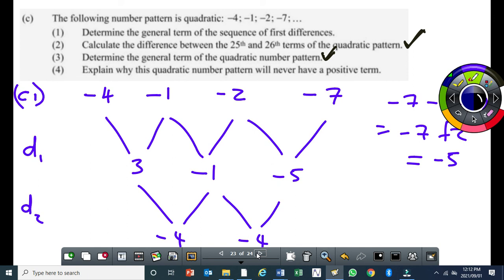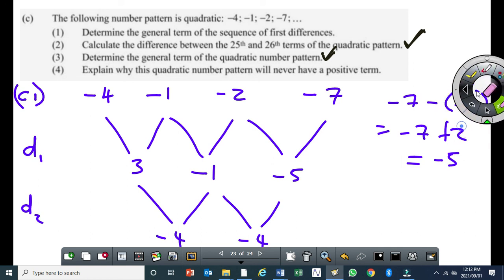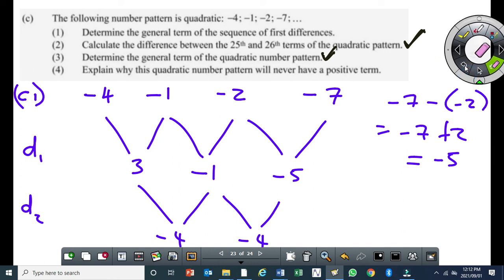Question 4: explain why this quadratic number pattern will never have a positive term. Now, this question requires your knowledge of completing the square. Okay? Remember what I said earlier at the beginning. You are in grade 11 towards the end of grade 11.